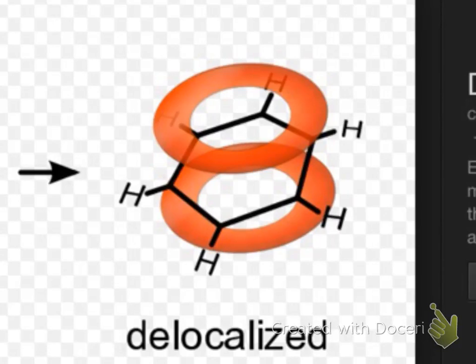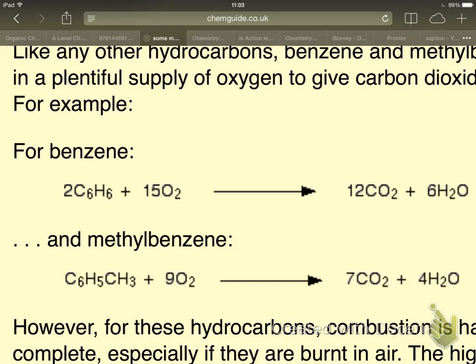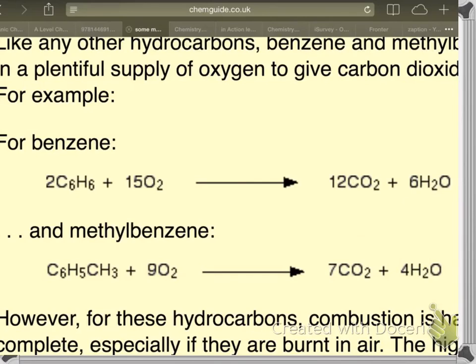So we can look at particular examples. For example, if we look at the combustion of our benzene, in this reaction we're getting different benzene molecules and they are having to react with a huge excess of oxygen molecules.